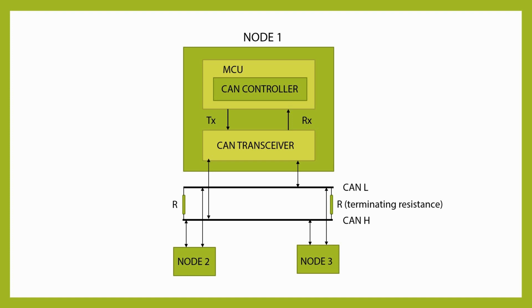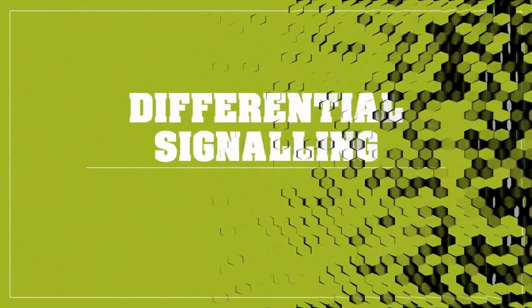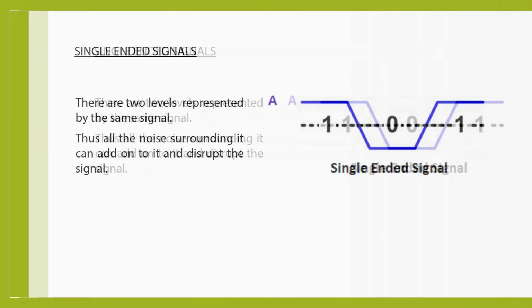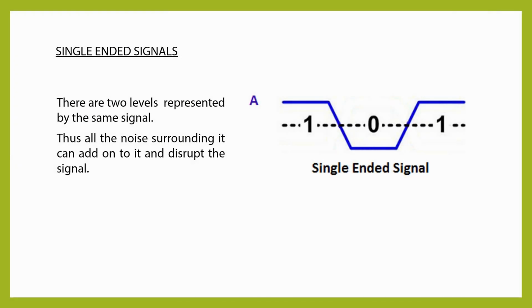Moving forward, differential signaling. Now we look into what differential signaling is. So single-ended signals, that is the normal signals that we know, have two levels, one high and one low. We know the logic 1 represents the high and the logic 0 represents the low level.